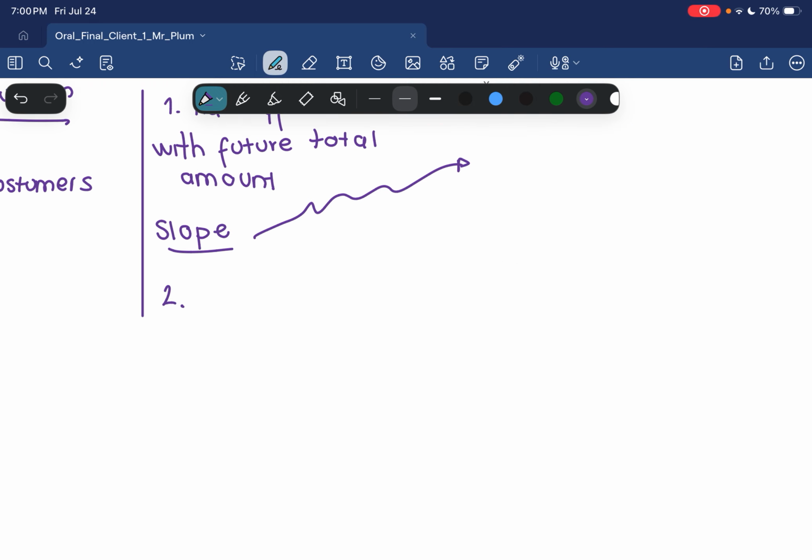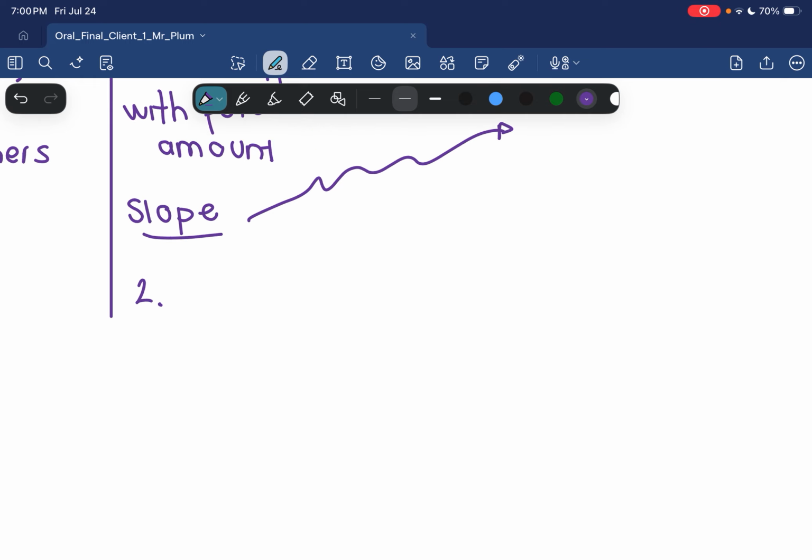Second, I think that Mr. Plum assumes that the trend line is linear, and the future growth will also remain linear because the trend line is linear.